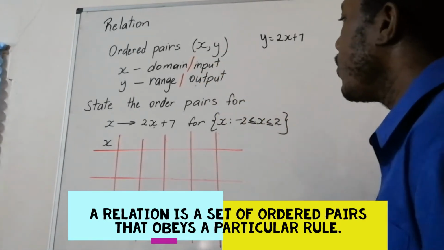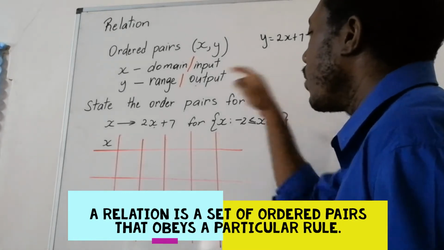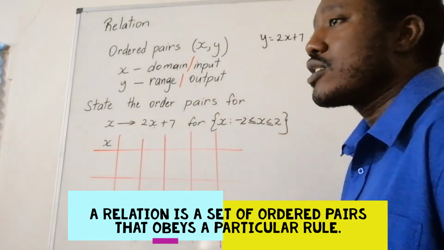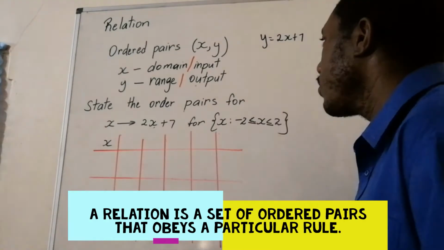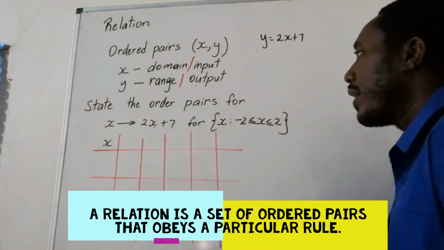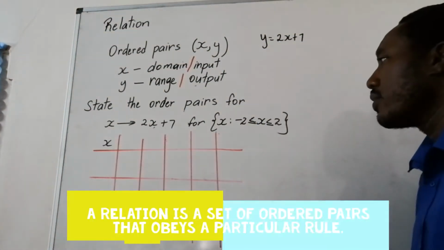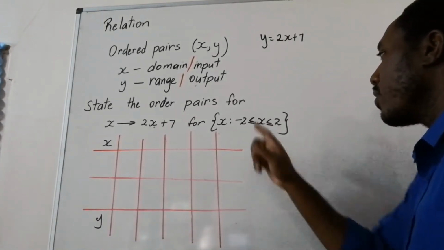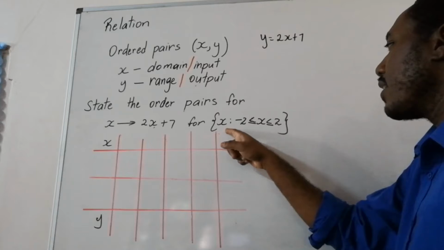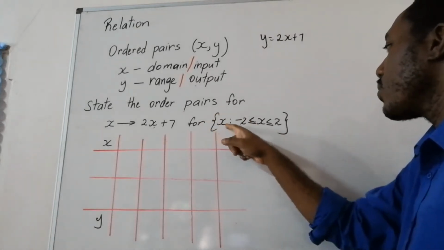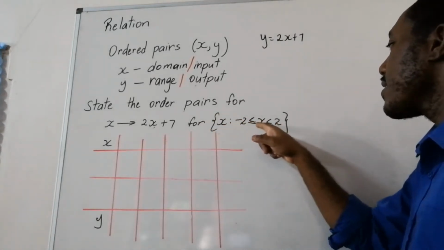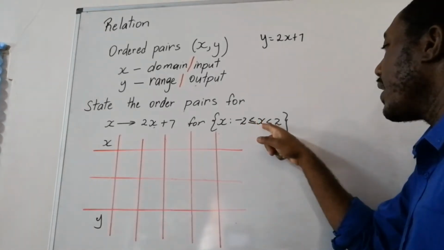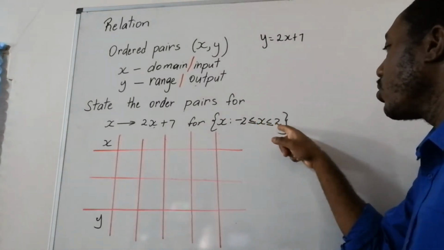This is the input value, so we input our x values here, and the answer we get will be our output values. So here it says, state the ordered pairs for x mapped onto 2x plus 7 for the set of x values such that x is more than -2, but x is less than or equal to 2.